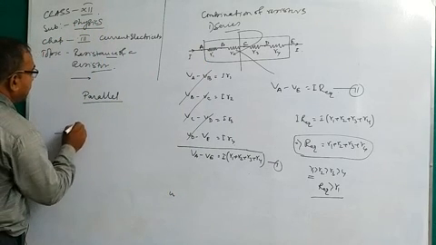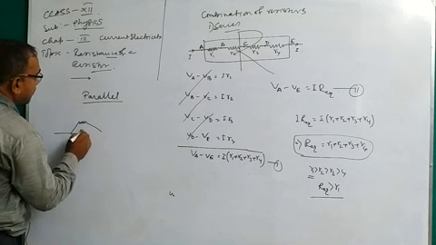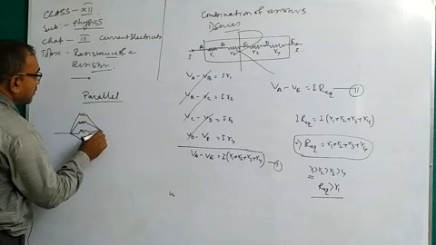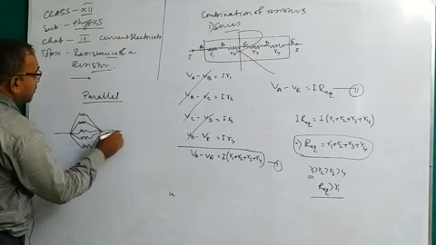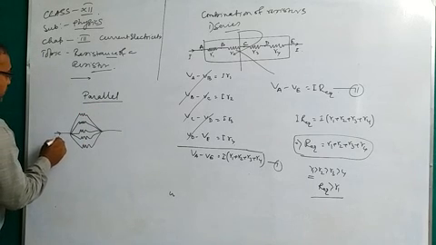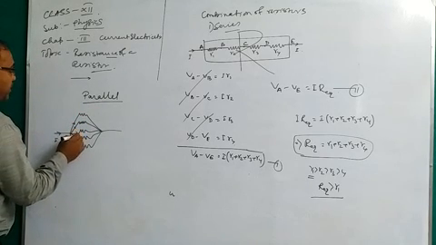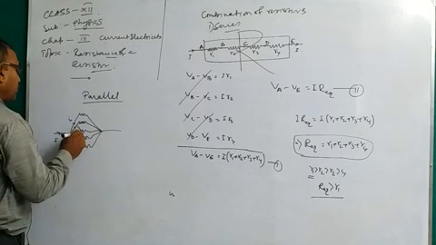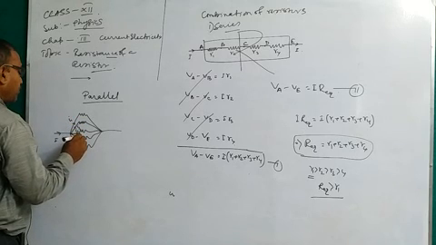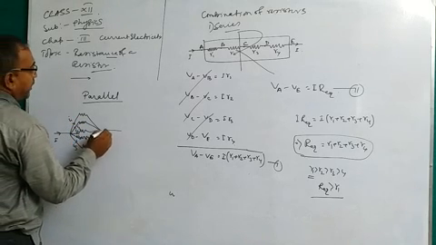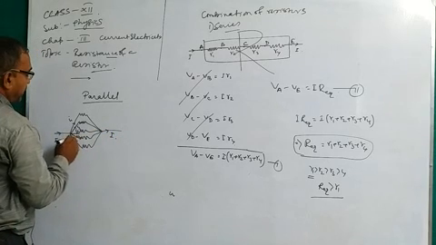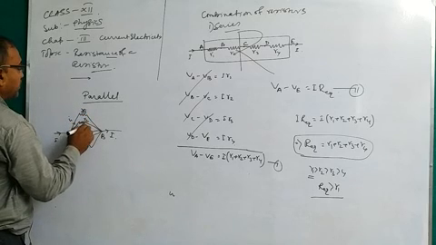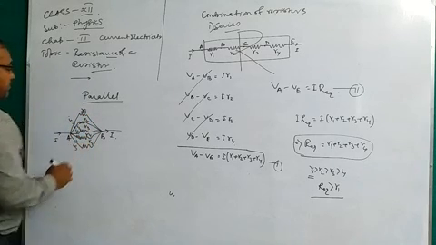Suppose the parallel connection: the current I splits into different resistors, I1, I2, I3, I4 and I5, and again it will be I. This and that point are A and B. These are R1, R2, R3, R4 and R5.